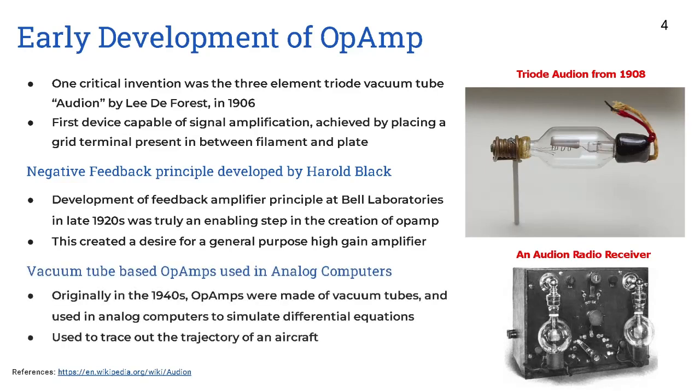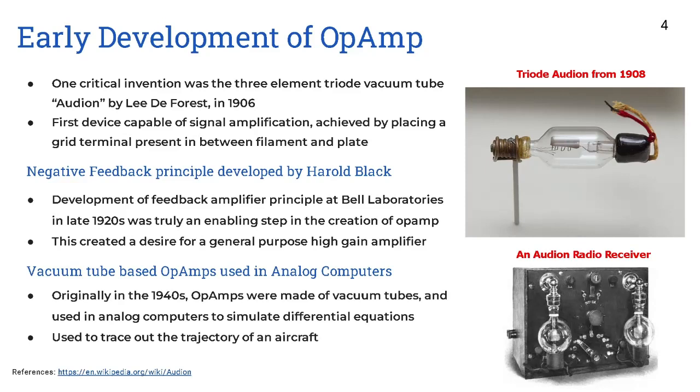After that, vacuum tube based op amps were used in analog computers. In the 1940s, op amps were made using vacuum tubes, and they were used in analog computers to simulate differential equations.